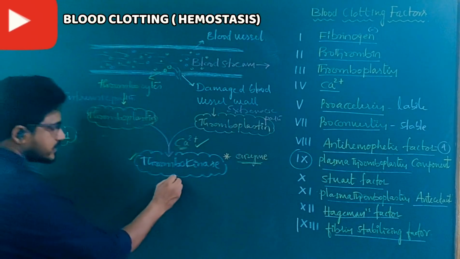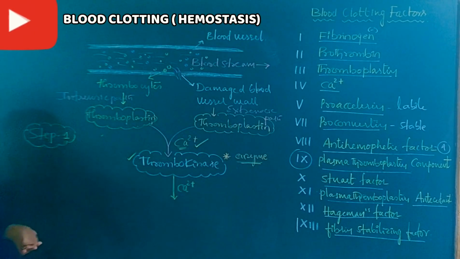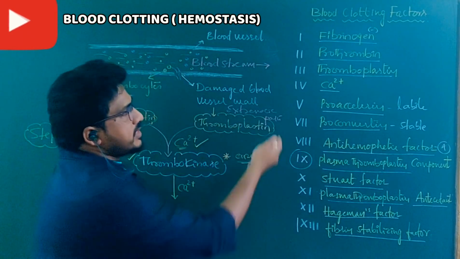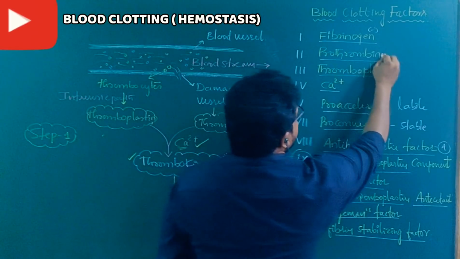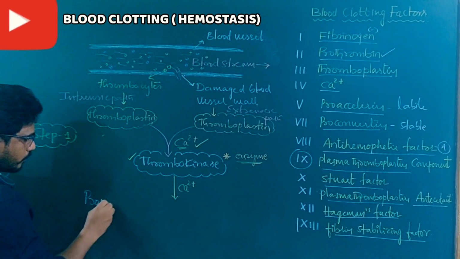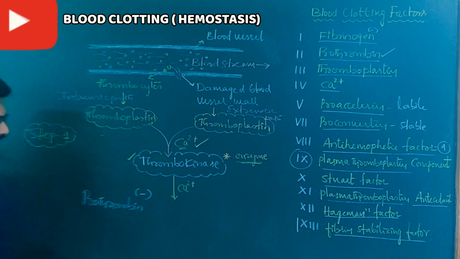This thrombokinase, again in the presence of calcium ions, converts one inactive form into an active form. What is that inactive form here? That is prothrombin. Let us see here. Prothrombin is the inactive form.